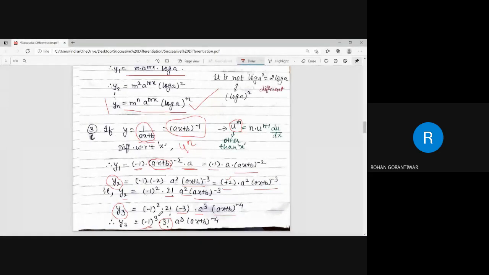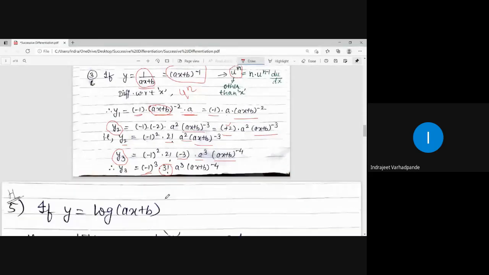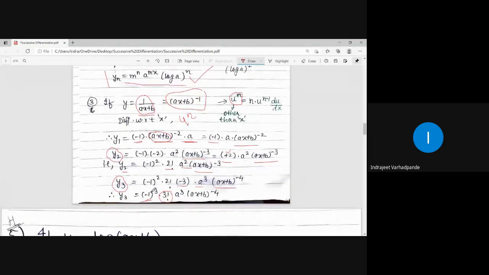So this is how it is to be generalized. So in y3 what am I getting? 3 factorial, right? And minus 1 whole cube. So how will it be written? Can anybody tell me?